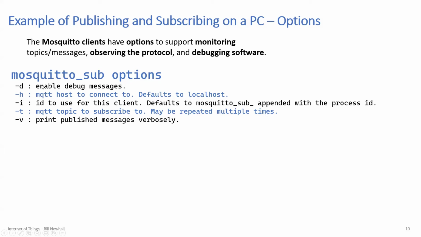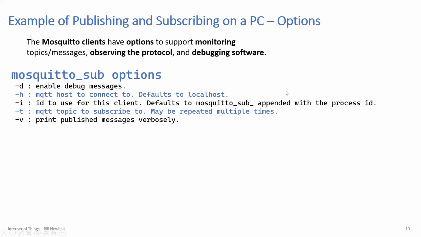There are also these options like -d. This enables the debug messages that show what's going on behind the scenes. You don't normally have to look at that, but if you want to see the messages going back and forth or you're trying to debug some problems, you can enable this option. -i is an identifier that you can assign to your client through the command line or not. It defaults to some text appended with a process ID.